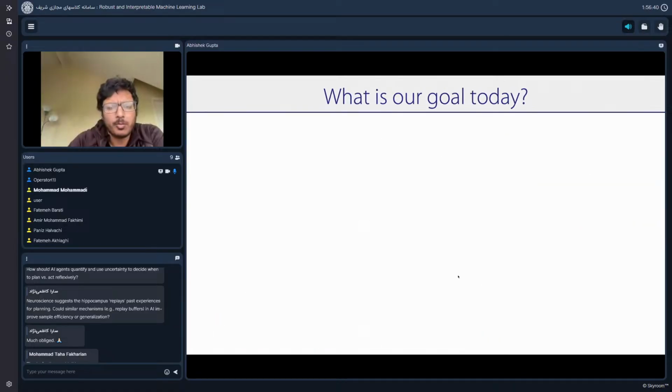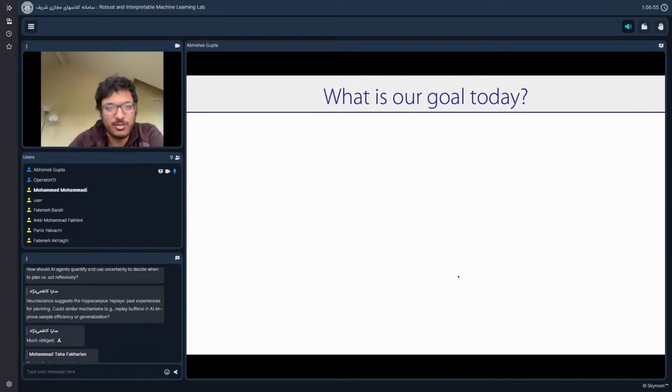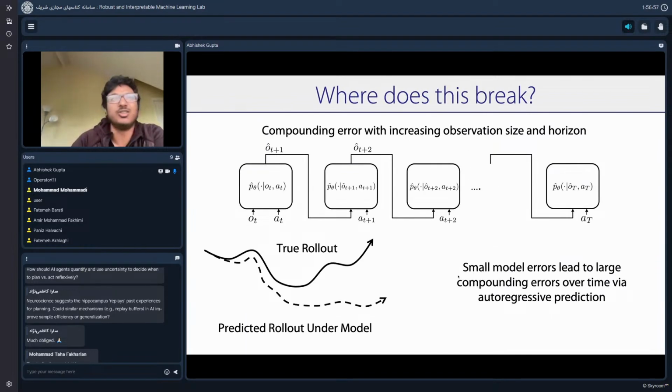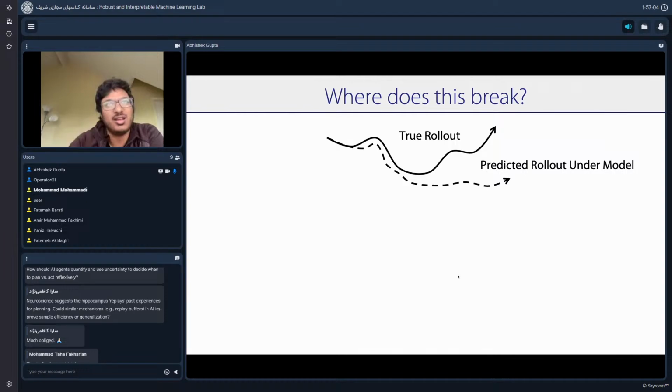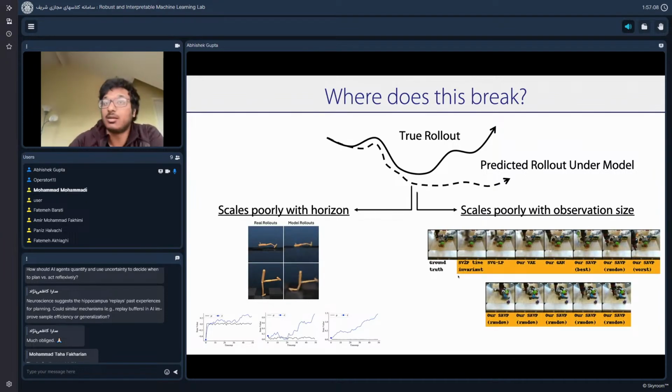And so our goal today is going to be to try and define a class of these kinds of dynamics models, which are reimagined, right? So we want to think about the basic principles of world modeling, but try to think about how to get methods that don't suffer from this compounding error issue. We don't have models that scale poorly with horizon and observation size, right?